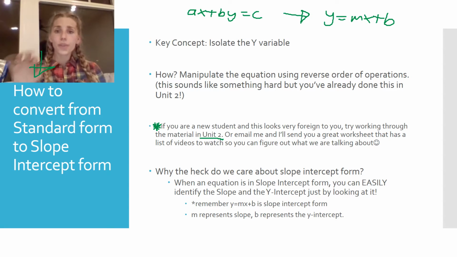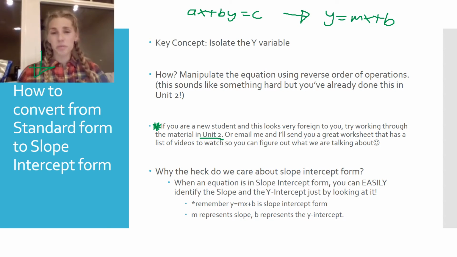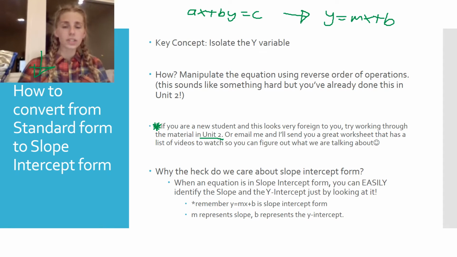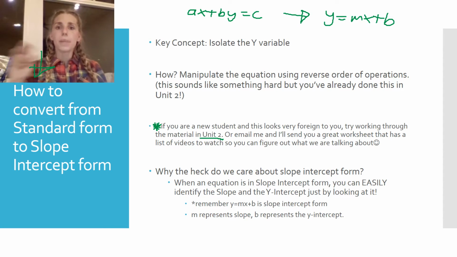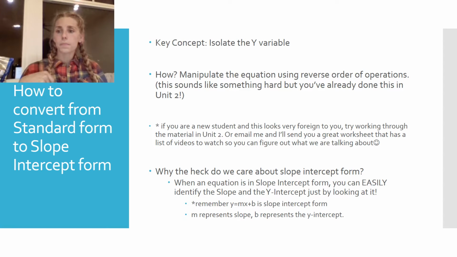With all of these variables, that sounds and looks like a lot, but really it's simple, and we've been doing this the whole year. Ever since Unit 2, we have been manipulating equations. So how are we going to do this? We are going to manipulate the equation using reverse order of operations. This sounds like something hard, but we've already done it in Unit 2.